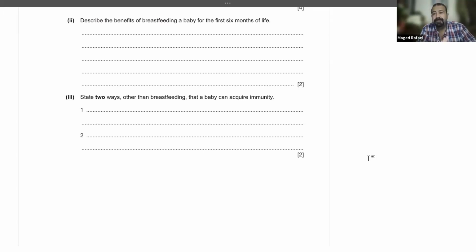And by the way, nothing is coming out of the specification, but we need to collect some ideas in the question of breastfeeding, and if it comes, it will come like this. Exactly like this, the benefits of breastfeeding, and it will be a 2 or 3 marks question.